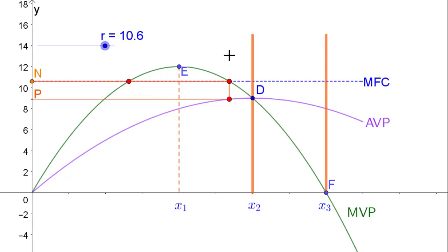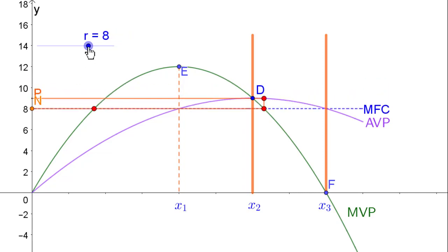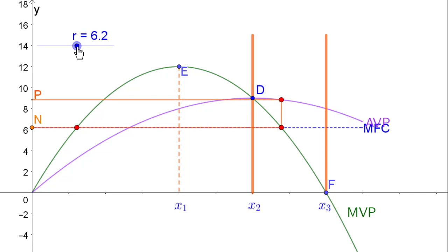So if you get a higher input price and you produce to the left of X2, you get a negative profit. And if the input price is lower than 9, then you can notice AVP is above MFC, and this region TNLK is positive. So now it gets a positive profit.